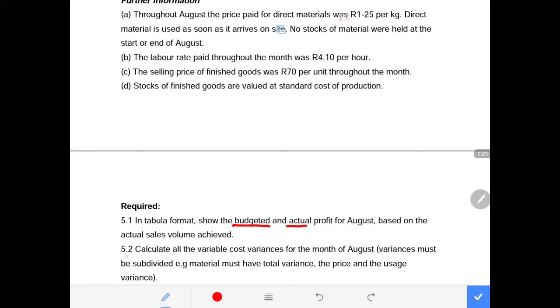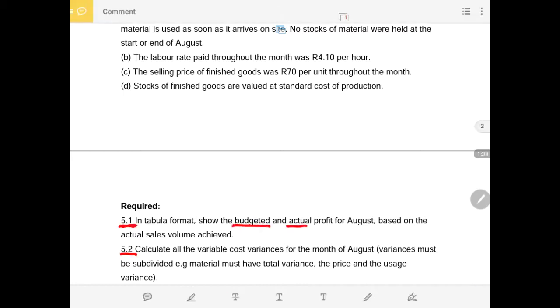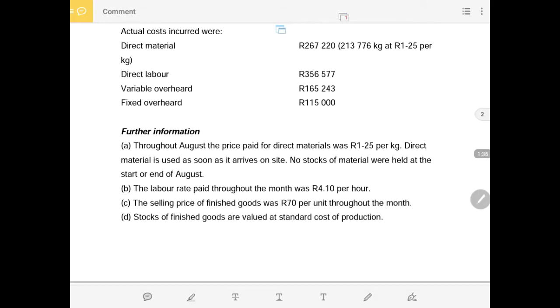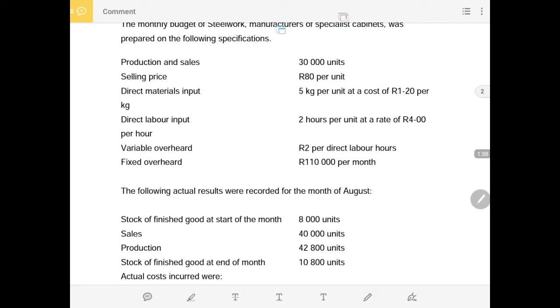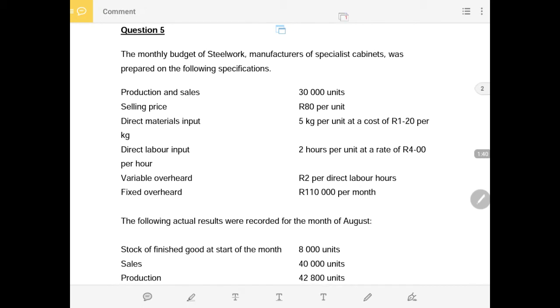I will start responding to 2, then after I will do number 1. I love variance, to be honest. I'll start responding to the variance, then after do the budgeted and the actual income statement. Now, let us begin from the beginning and read the information that is provided to us.